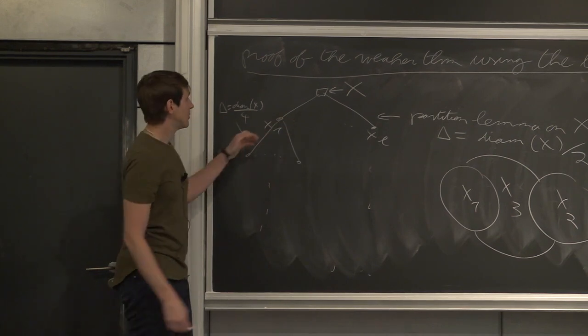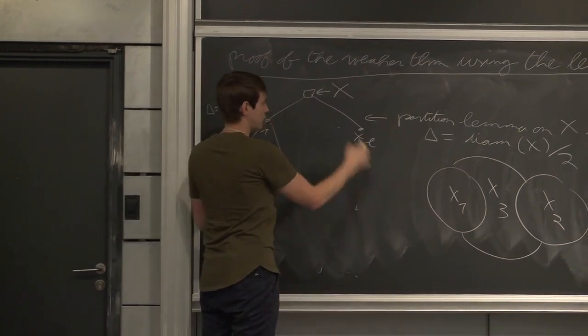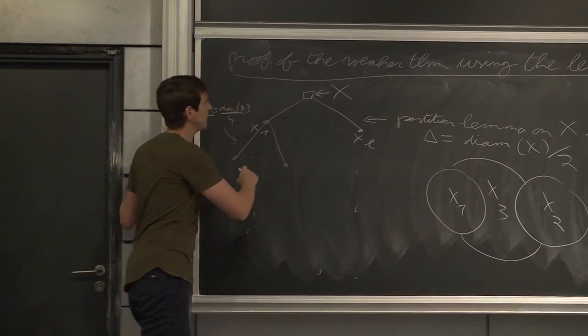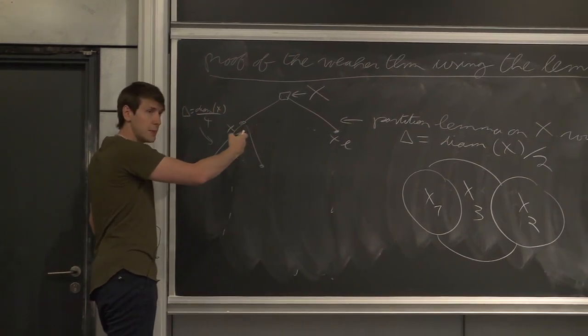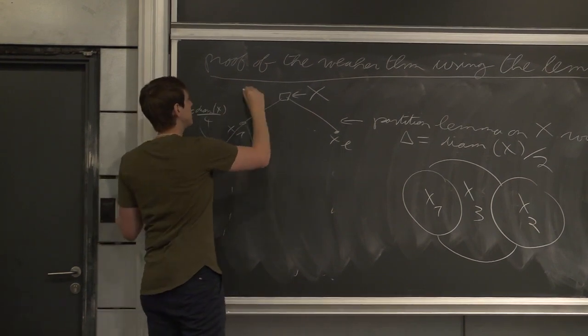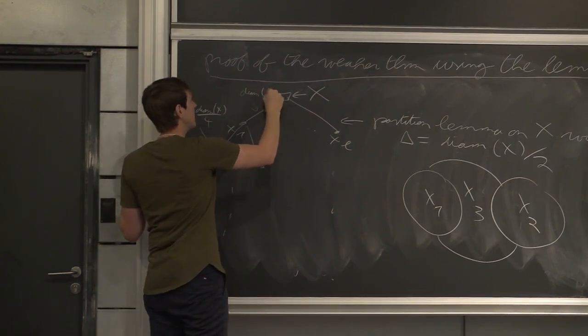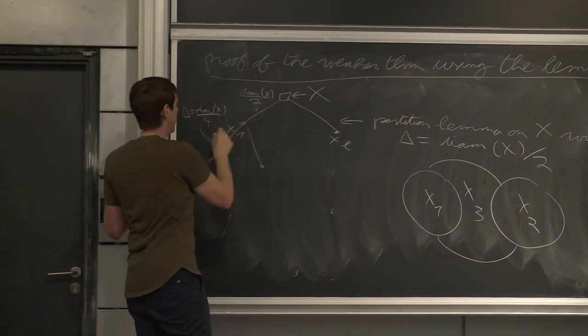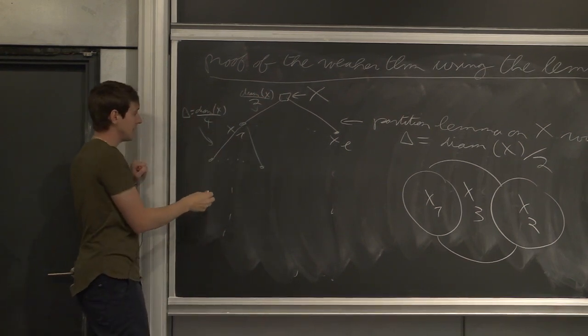So this is a tree, like a topological structure. Now I'm going to turn it into a metric space by putting weights on the edges. The weight here, I will put diameter of x divided by 2. On this edge, I put diameter of x divided by 4.